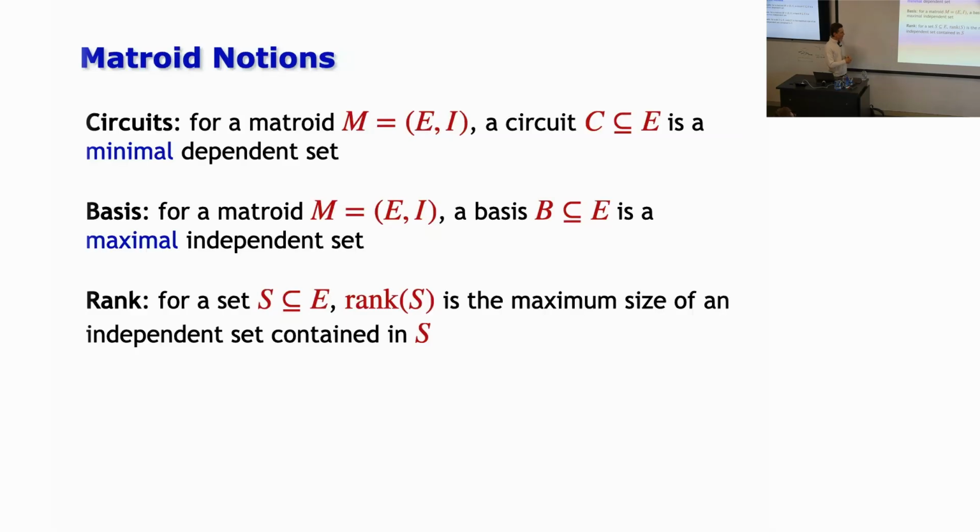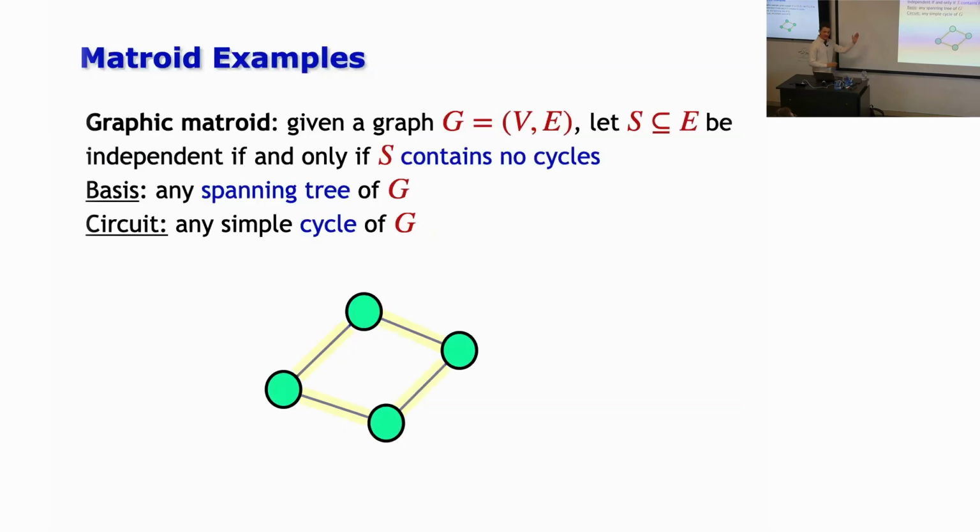Okay, these might appear very abstract at first, but let's revisit the examples that we just saw and see what these notions correspond to. So the first example we looked at was the graphic matroid. You're given a graph G with vertices V and edges E. The matroid is defined over the edges of the graph.